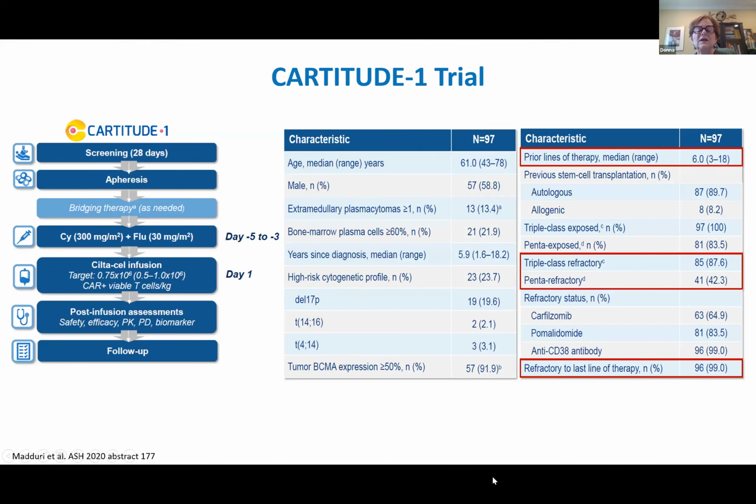Now, close on the heels of the KarMMa trials is the CARTITUDE-1 trial, and its design is very similar, and this diagram just looks a little different. So collect the T cells, give bridging if you can, use 2 drugs, particularly cyclophosphamide in moderately high levels, give the cilta-cel infusion, and then follow up.